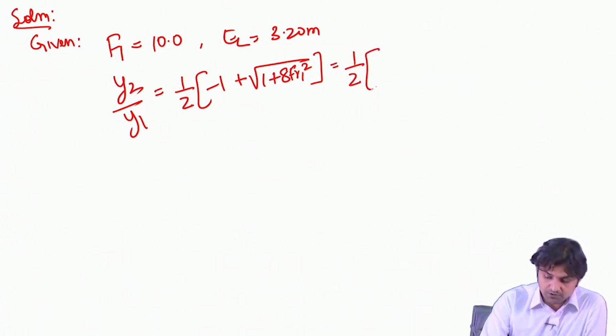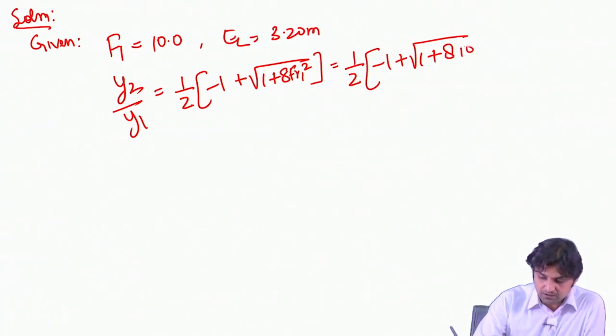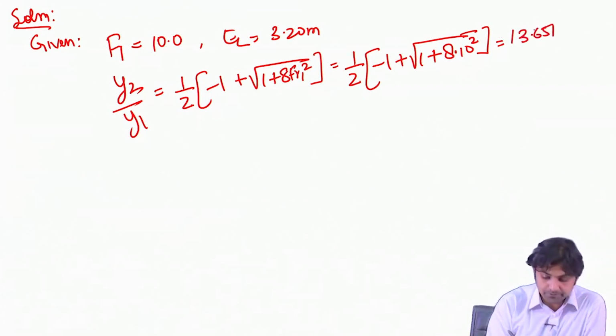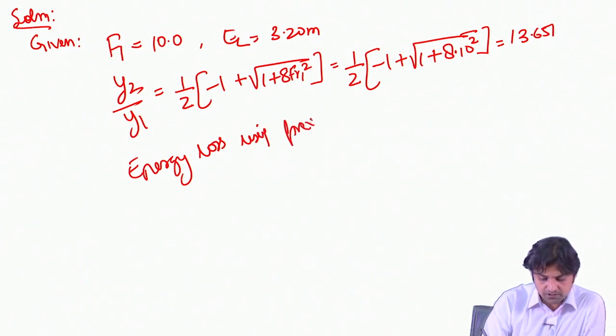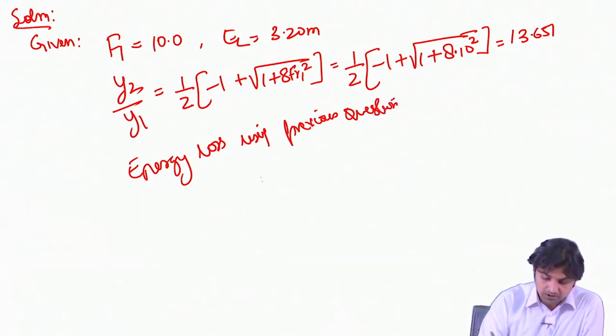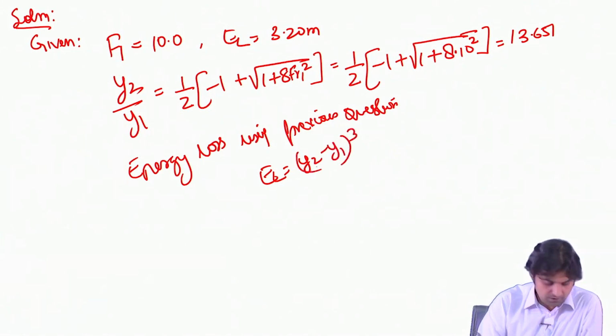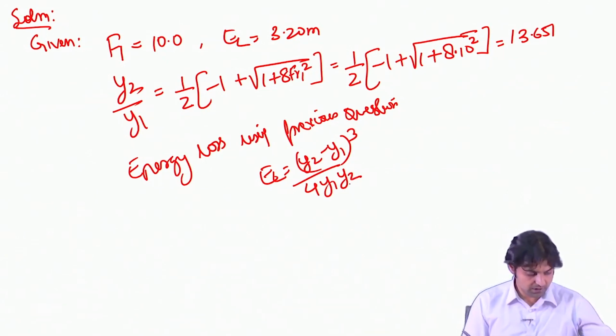If you substitute minus 1 plus under root 1 plus 8 into 10 square, it will give us 13.651, and energy loss, using the previous question that I asked you to remember, EL is written as y2 minus y1 whole cube divided by 4 y1 y2.